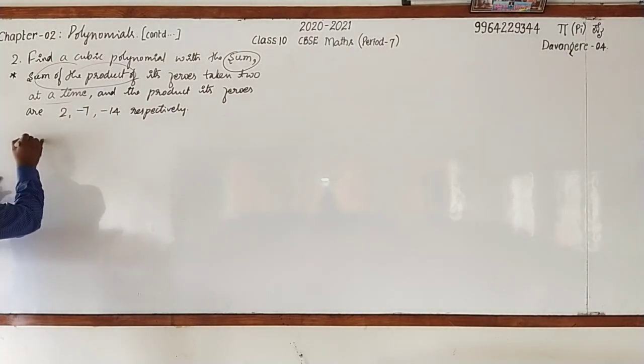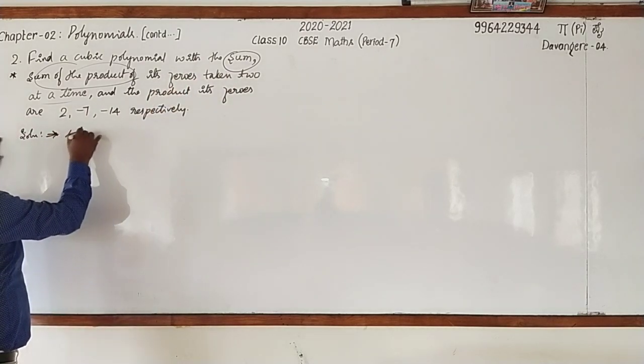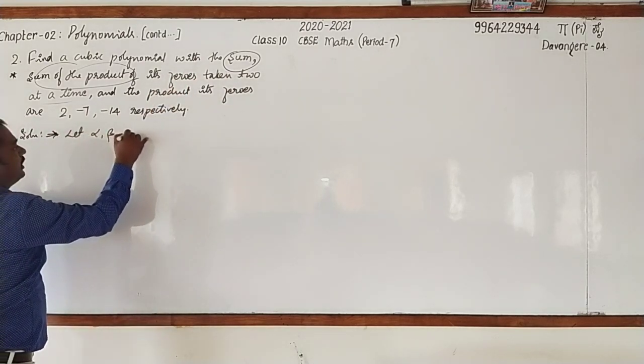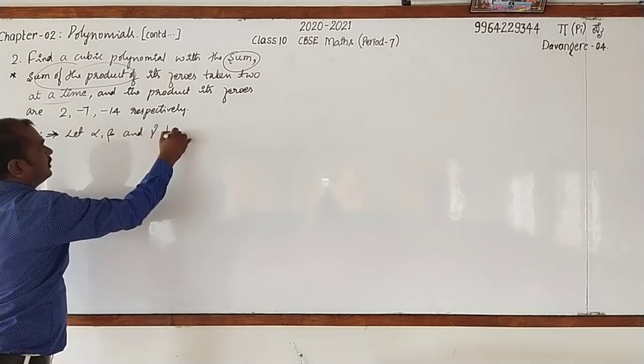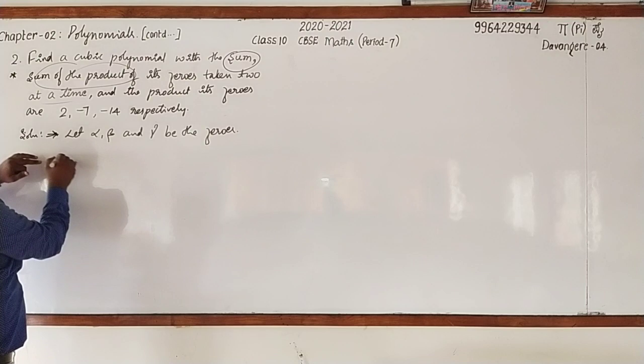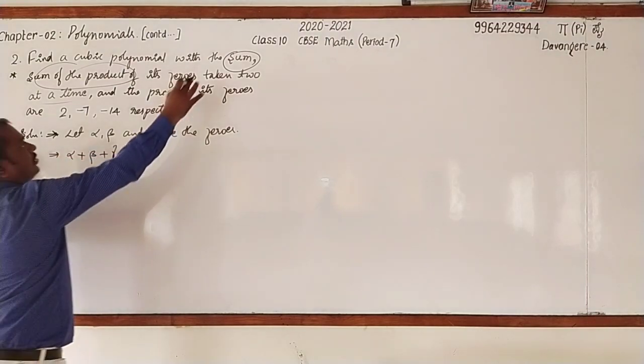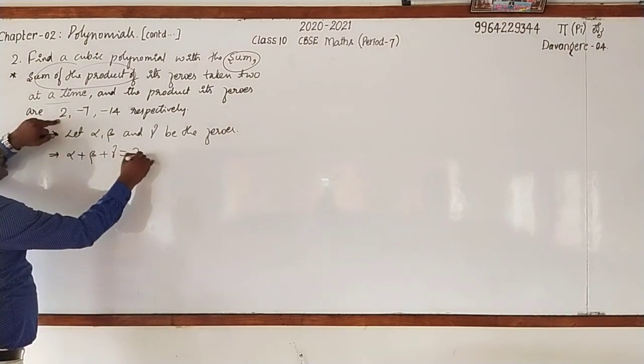Then here what has been given? It has been given the sum of zeros. I'll assume let alpha, beta and gamma be the zeros. Then their sum, alpha plus beta plus gamma, how much is it? 2.